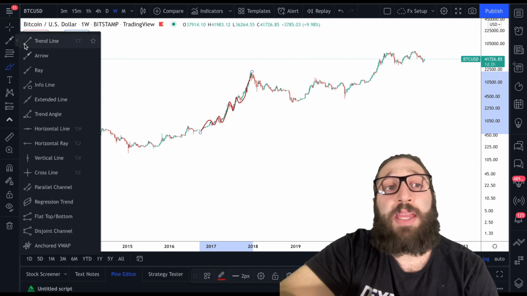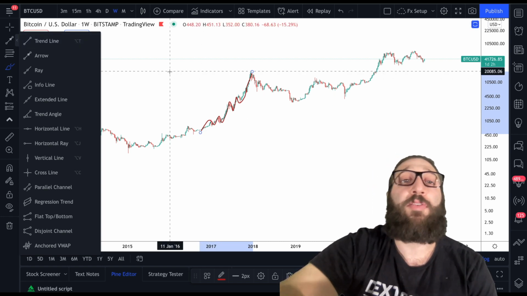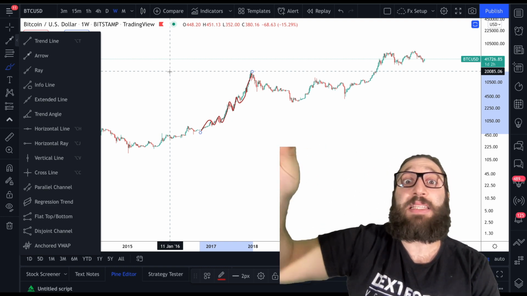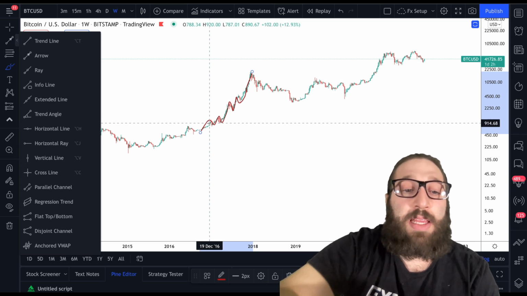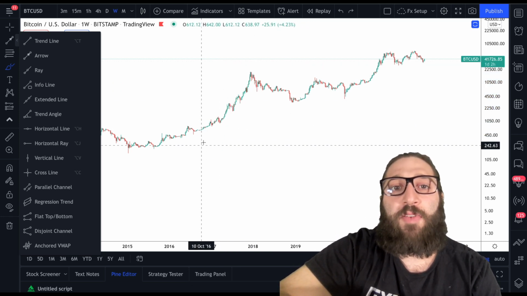So that would be the first indicator, the first way of identifying a trend for looking for that market structure, for looking for that uptrend on how it specifically is moving. So you can really tell if a coin or an asset is in an uptrend from the price action.